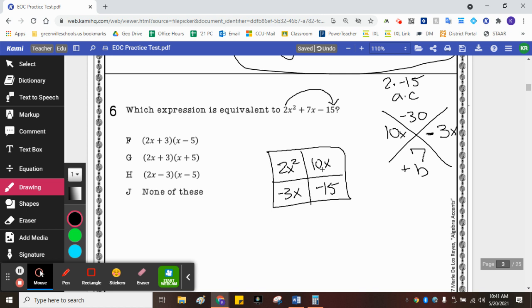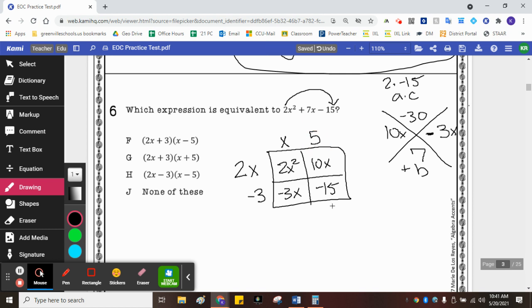So 2 and 10, 2 is our greatest common factor there, x squared and x, both have an x, 2x times x gives me 2x squared, x times -3 gives me -3x. 2x times what gives me 10x? So 2 times 5 gives me 10x.